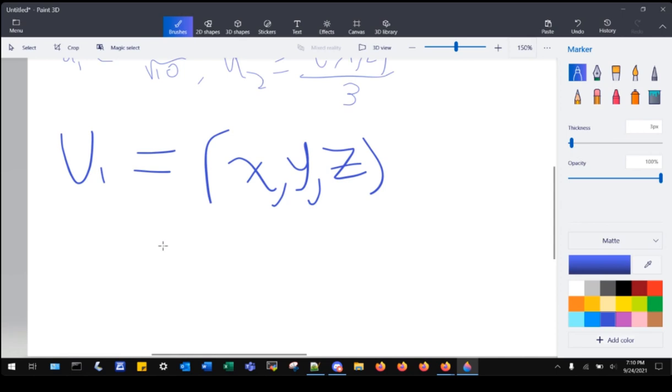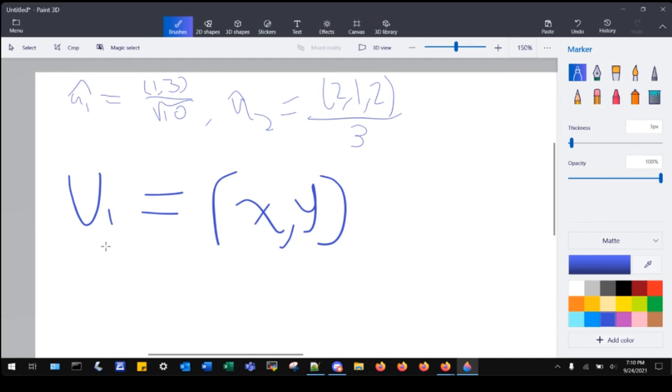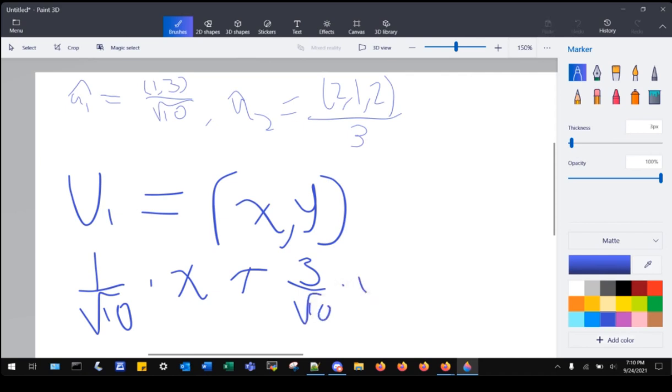Now we want to set the dot product equal to 0. So we want to set 1 over root 10 times x plus 3 over root 10 times y equals 0.